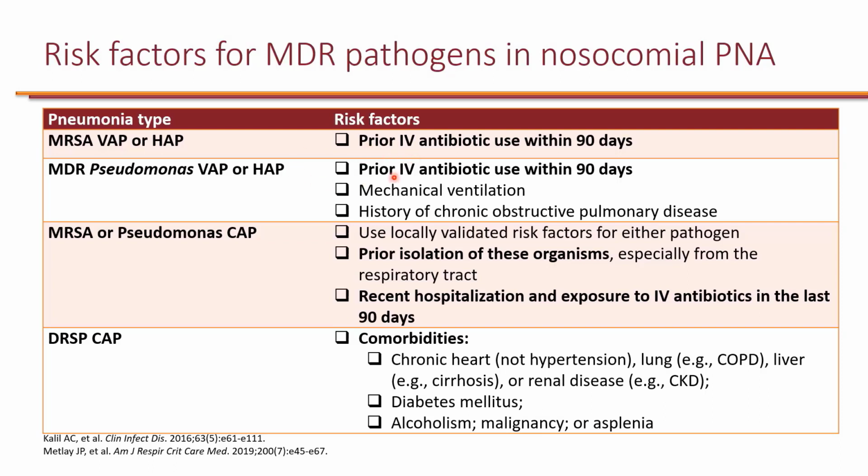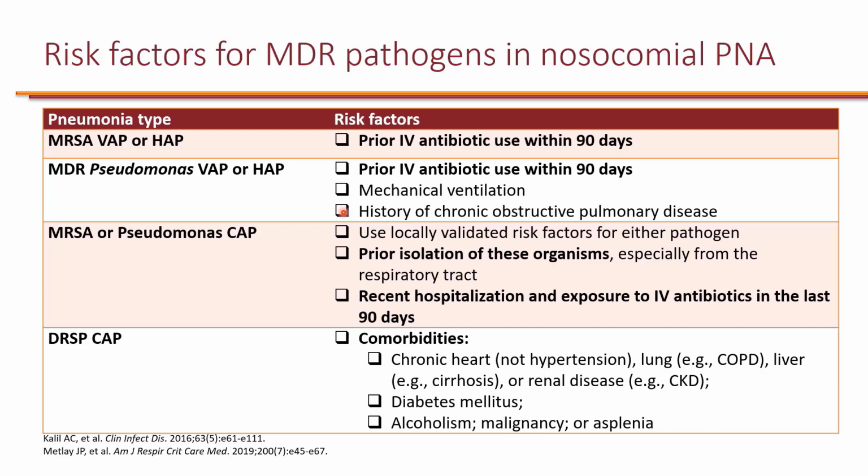If someone has these risk factors, they should be covered for MRSA and for multi-drug resistant Pseudomonas. Now for multi-drug resistant Pseudomonas, also two other risk factors include mechanical ventilation as well as history of chronic obstructive pulmonary disease.